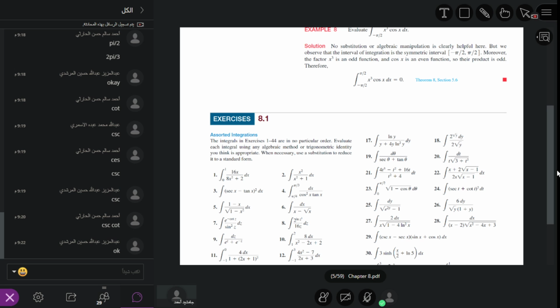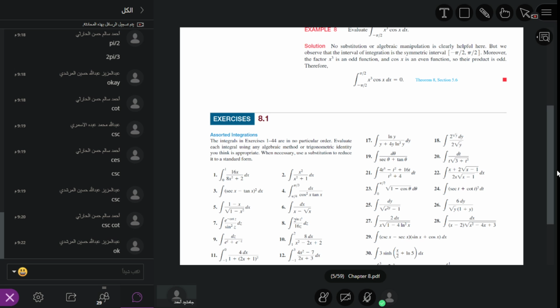The question is the integral of 1 plus sine theta divided by cosine square theta.